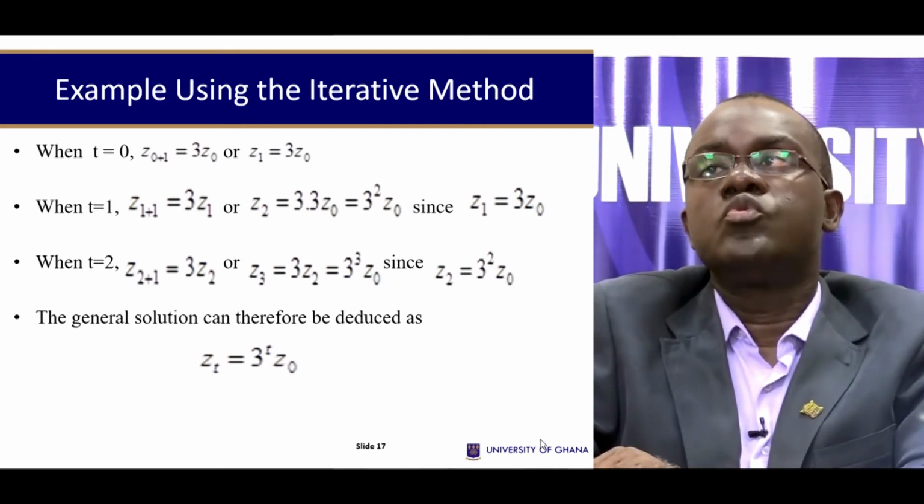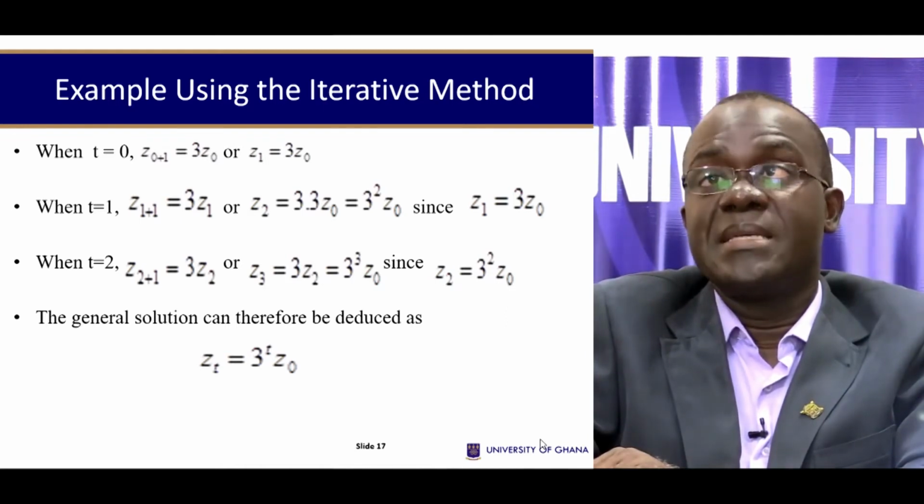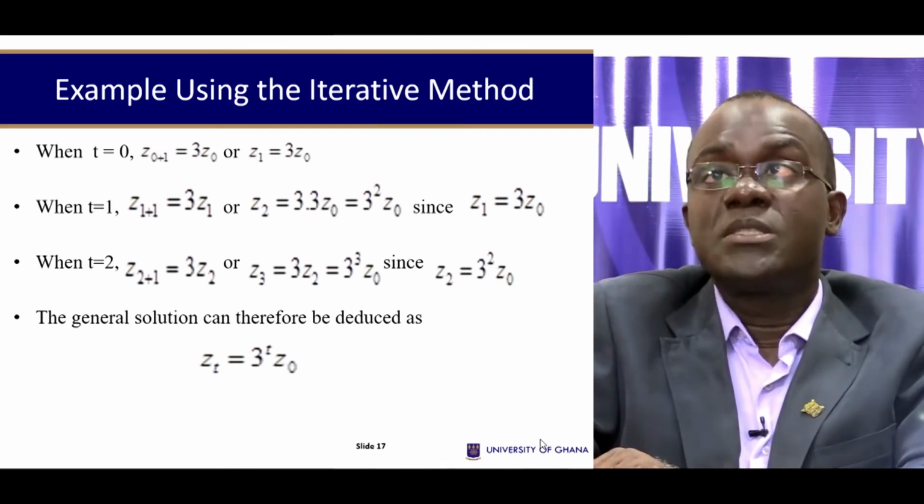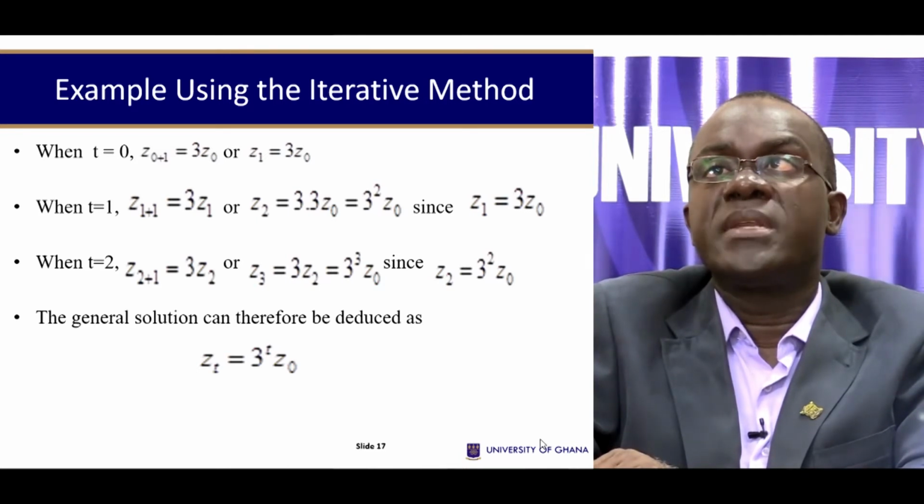When t is equal to 1, we slot in, z2 is equal to 3 z1, which implies that z2 is equal to 3 times 3 z0, because z1 over here is equal to 3 z0. So this gives us 3 squared z0.